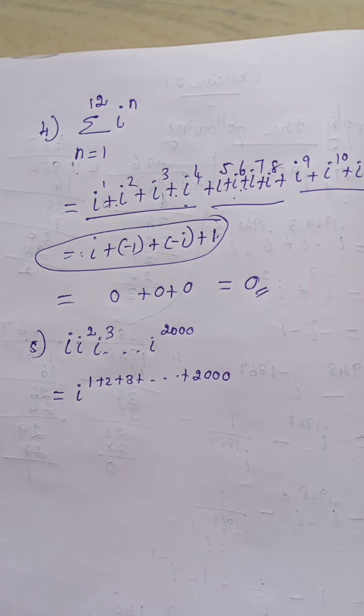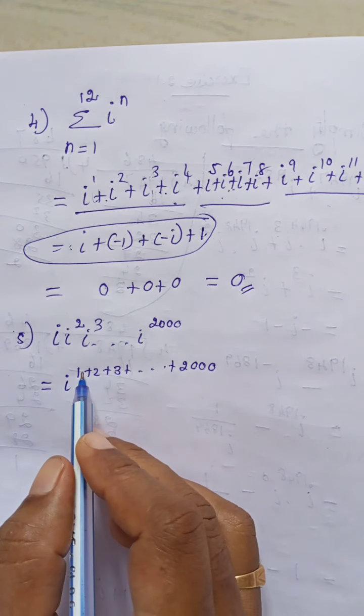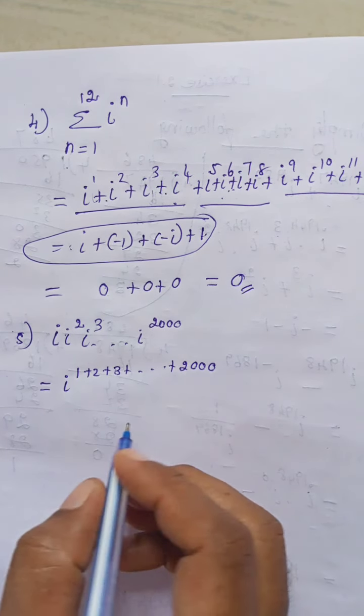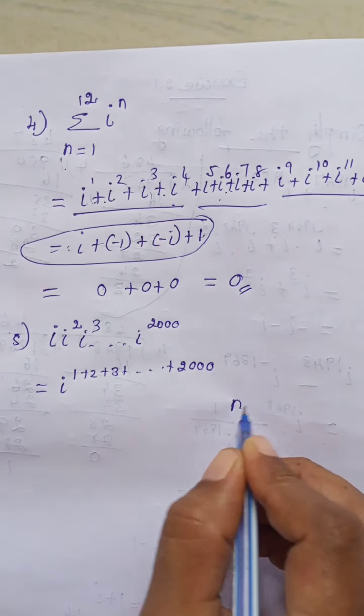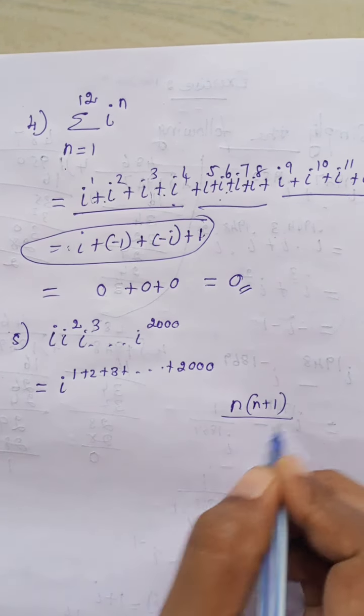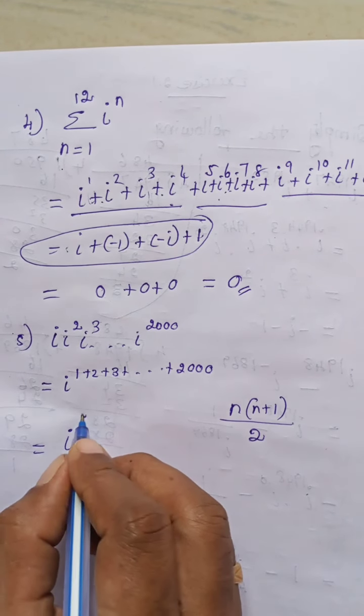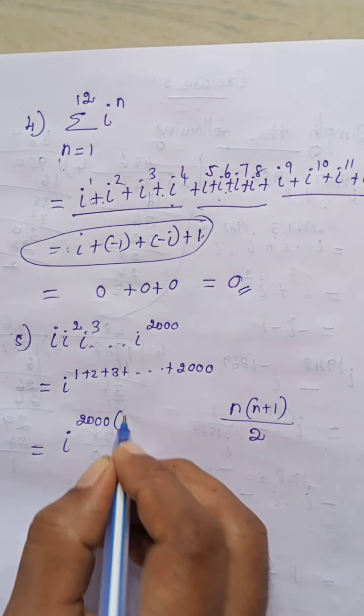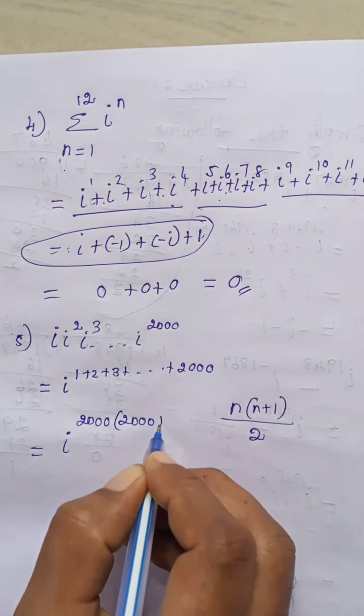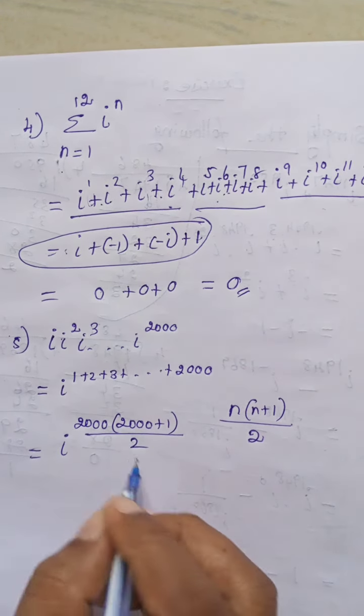See here, this is the sum of the first 2000 natural numbers, isn't it? We know the formula is n into n plus 1 by 2. So we get I power 2000 into 2000 plus 1 divided by 2.